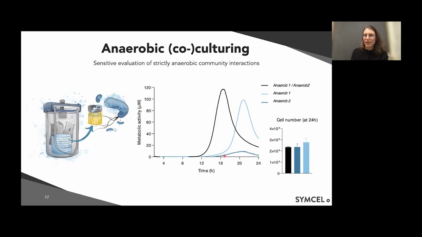But when taking an endpoint CFU count, there were hardly any changes in CFU after 24 hours of cultivation. And that was a very interesting observation to see. So there's certainly some synergy or another effect going on in the co-cultivation of these two strains.